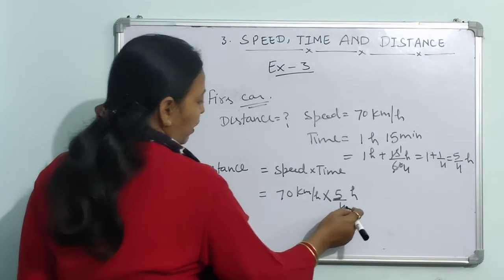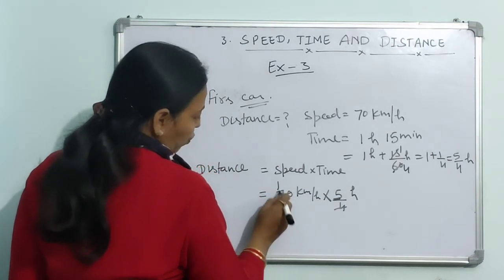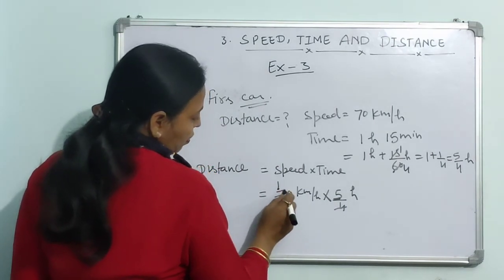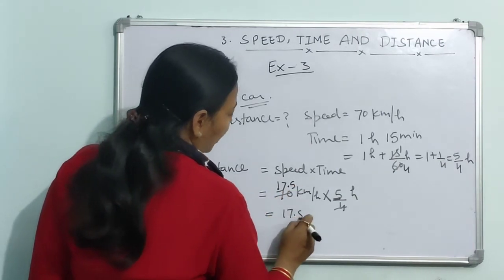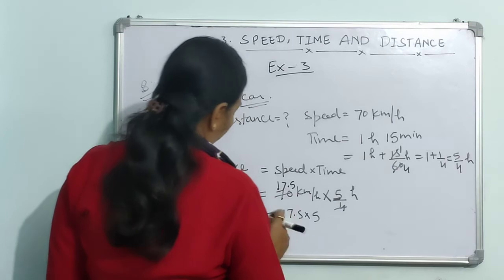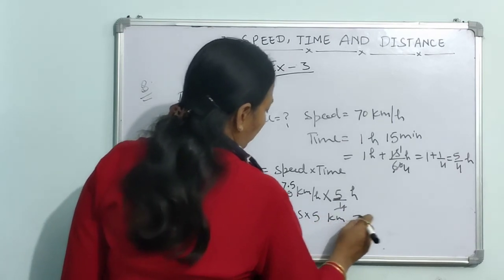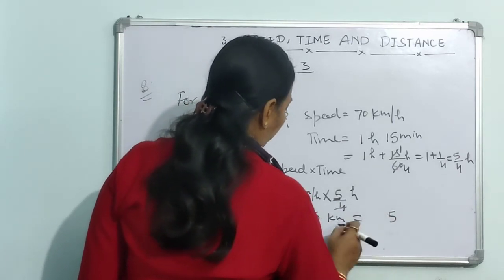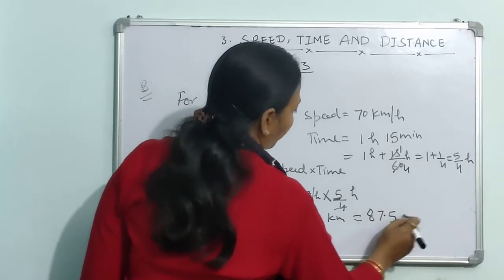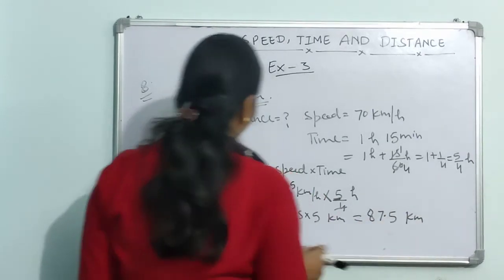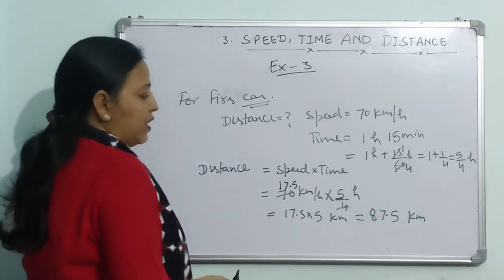Divide it: 4 sevens are 28, so 17.5 into 5 is 87.5 kilometers. 87.5 kilometers is the distance covered by the first car.